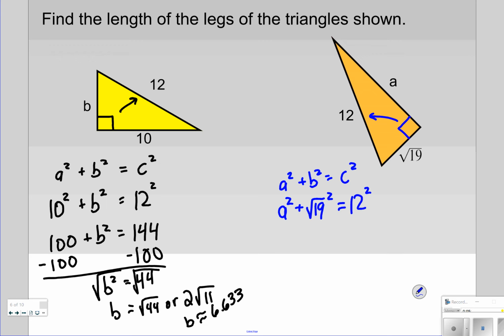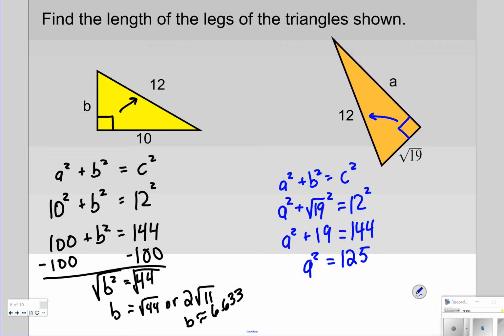So now I solve this problem. A squared plus 19, because the squared and the square root are opposite operations, equals 144. I subtract 19 from each side and get a squared equals 125.